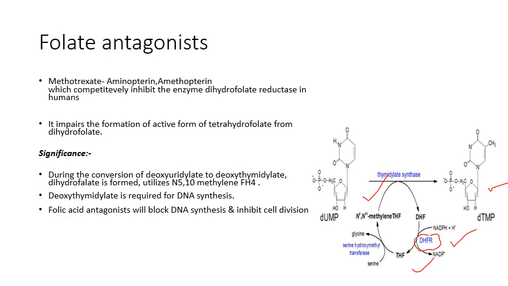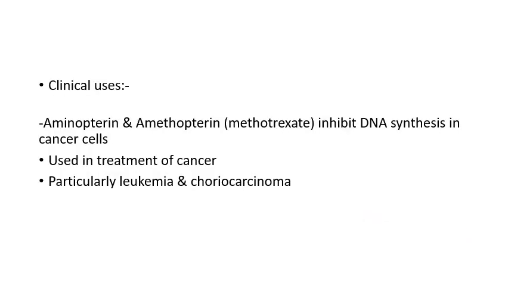This leads to decreased or inhibited tetrahydrofolate synthesis, and thereby N5-N10 methylene tetrahydrofolate synthesis does not occur. That is required for the conversion of deoxyuridine monophosphate to deoxythymidine monophosphate. Indirectly, deoxythymidine monophosphate is required for DNA synthesis, so this can inhibit cell division. It is mainly used in the treatment of cancer, particularly leukemia and choriocarcinoma.